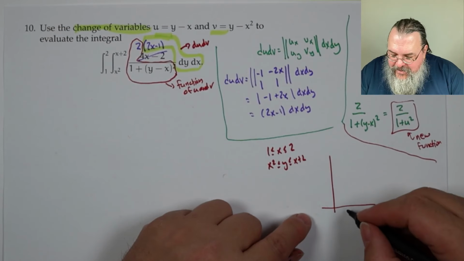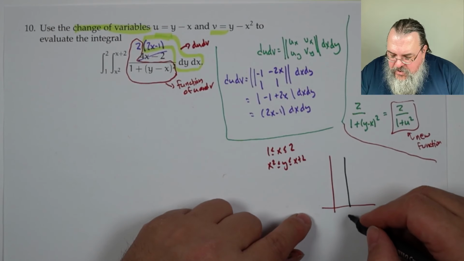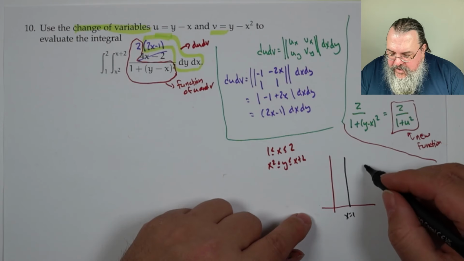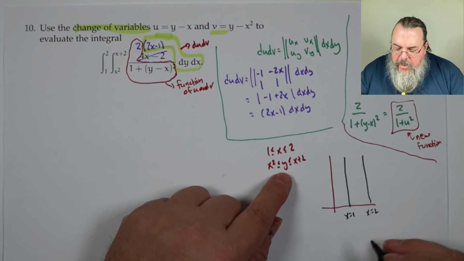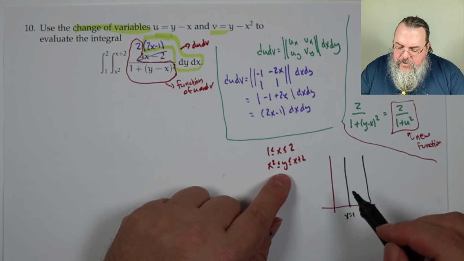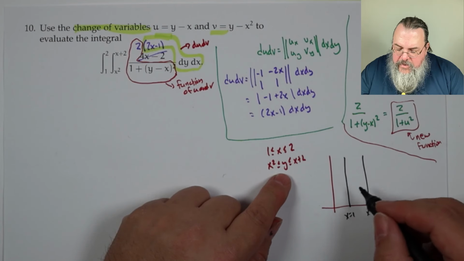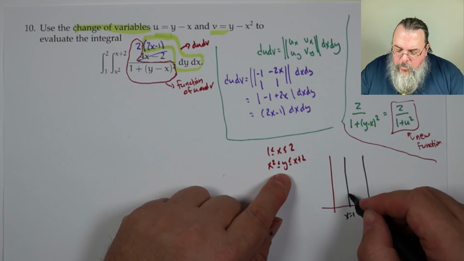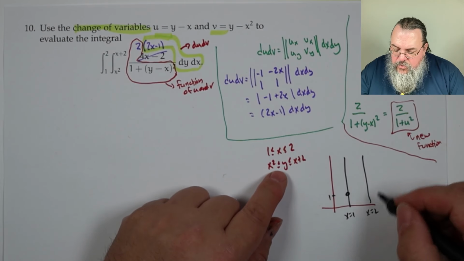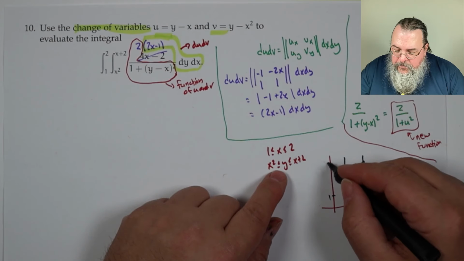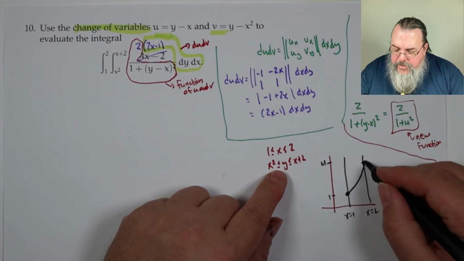All right, so we have x equals 1, and we have x equals 2. We'll say that's 1 and 2. Y equals x squared. Here you can do something very simple. Let's think about what's going on. At 1, we're at 1, and at 2, we're at 4, and we're going up.